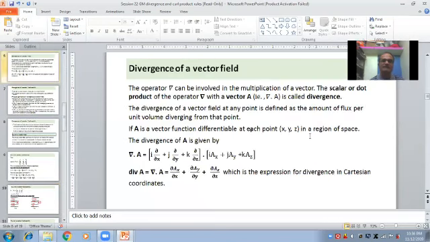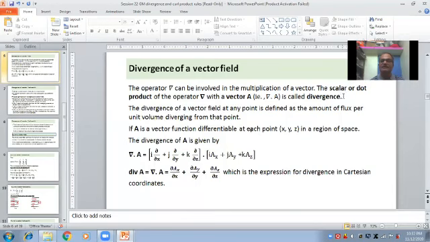So coming to the divergence of the vector field, in the last class we studied this del operator. This del operator can operate on a vector giving the divergence.